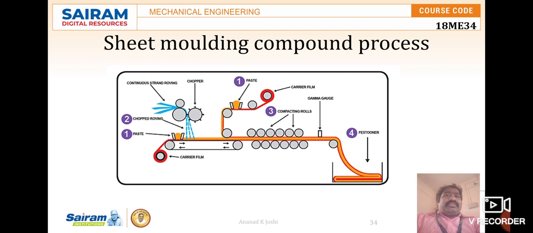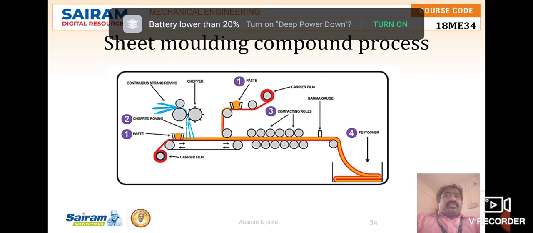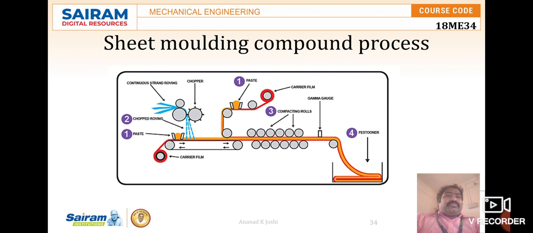Simultaneously another layer of polyethylene film and resin paste is brought on top, so the polyethylene sheet is on its top as well as at the bottom. It is then pressed onto each other with the help of the compressing rollers, forming them into a single solid piece.